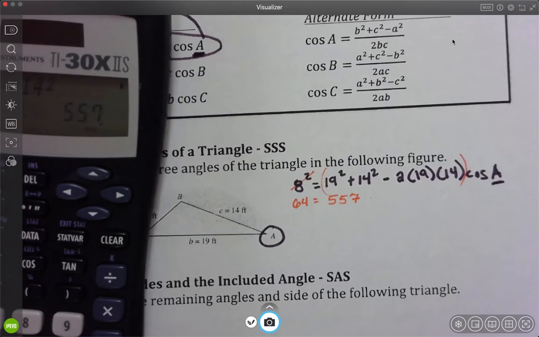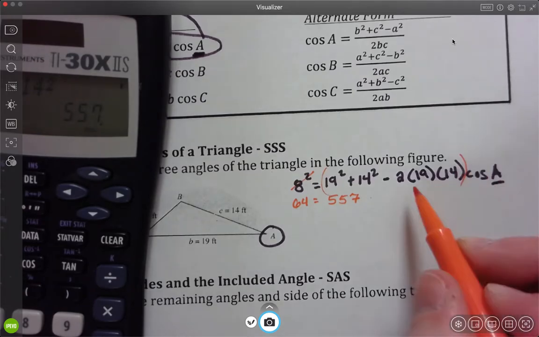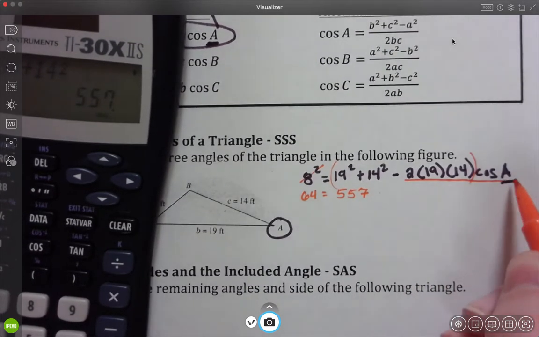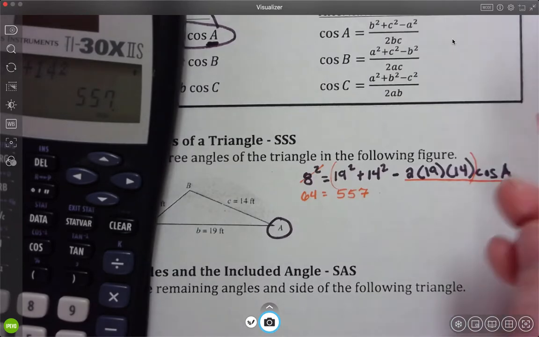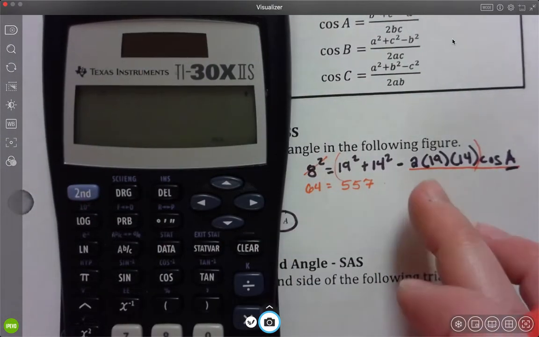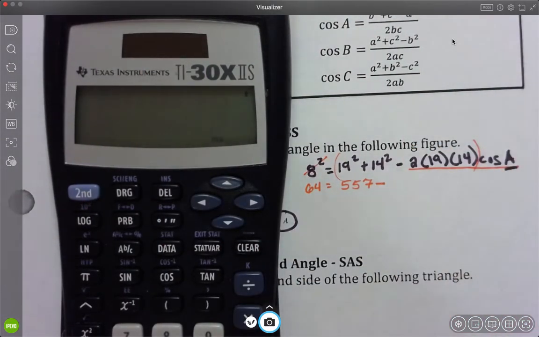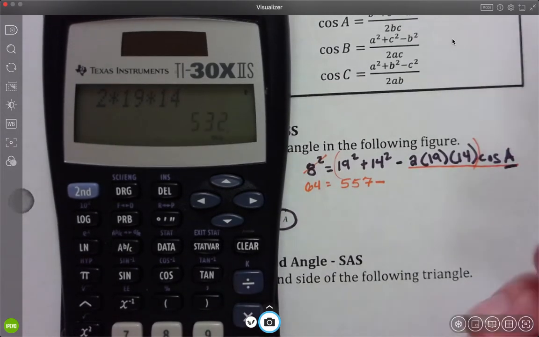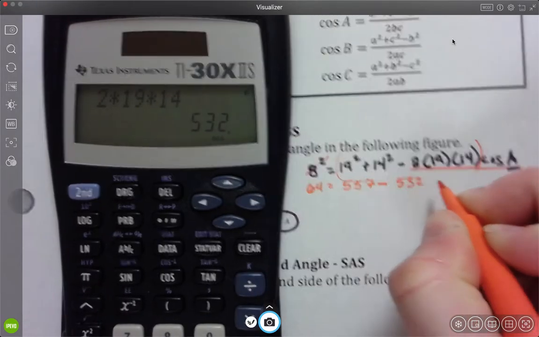You don't want to do that because this 2, 19, and 14 are attached to the cosine of A. So those have to stay strapped on the front of that cosine of A until you can get rid of them. So I am going to multiply the 2, 19, and 14 together though. 2 times 19 times 14 is 532 cosine of A.